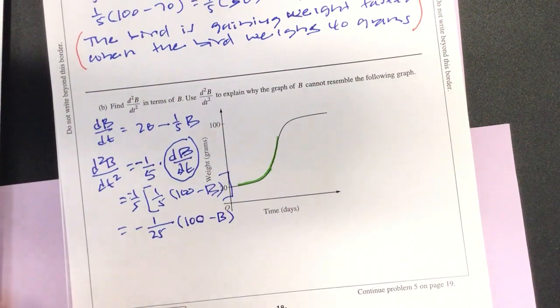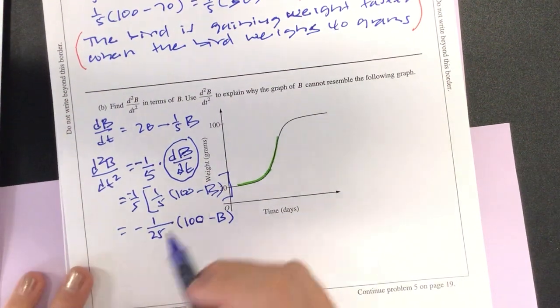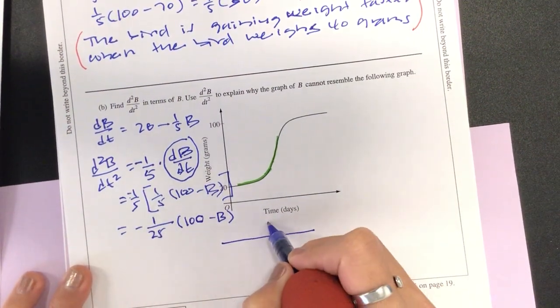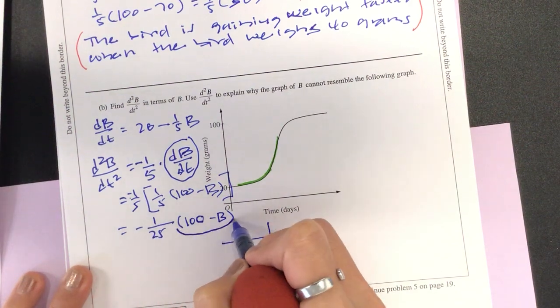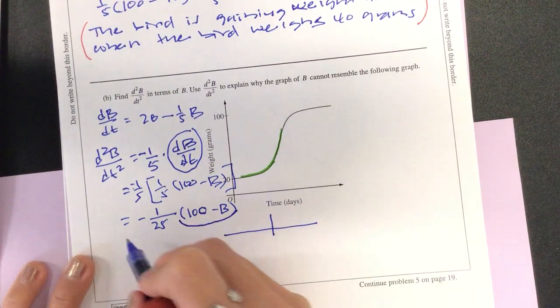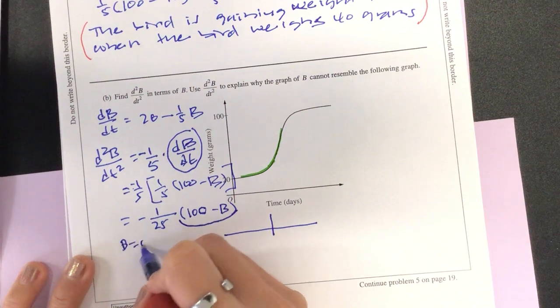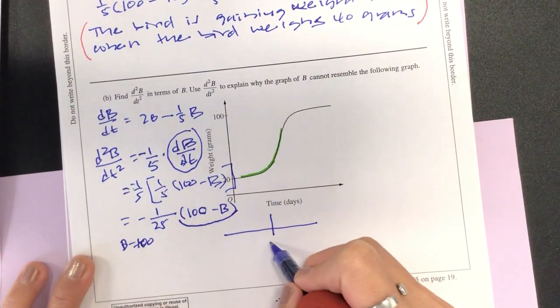If I set this equal to 0, what is my B? 100, very good.